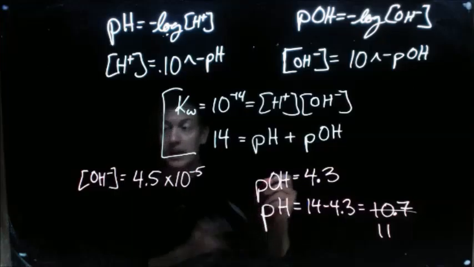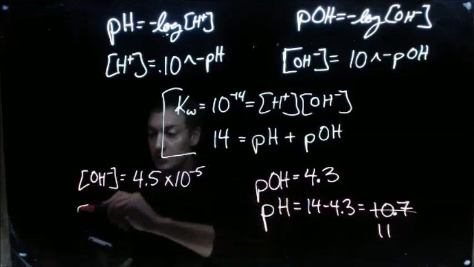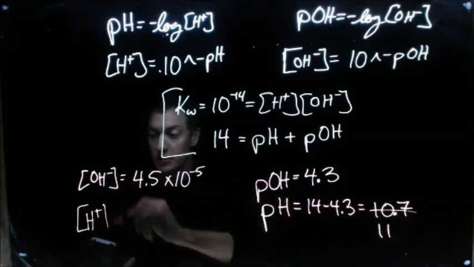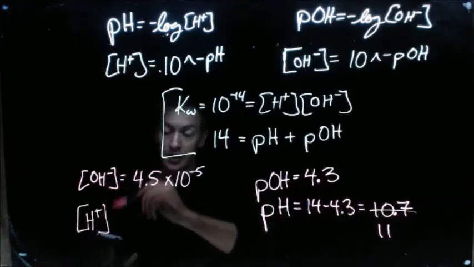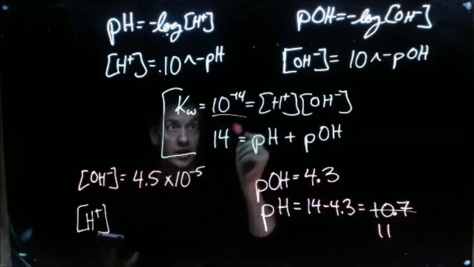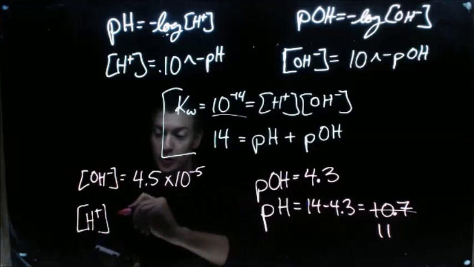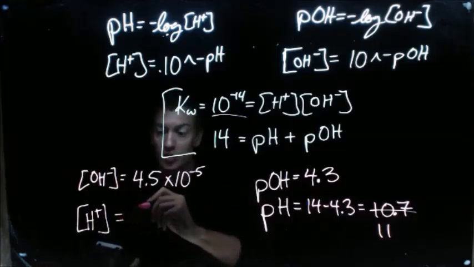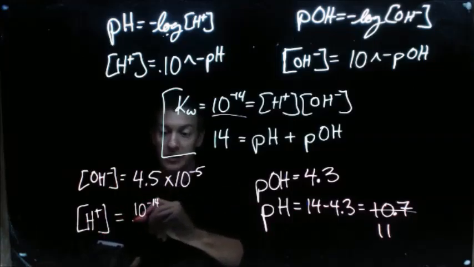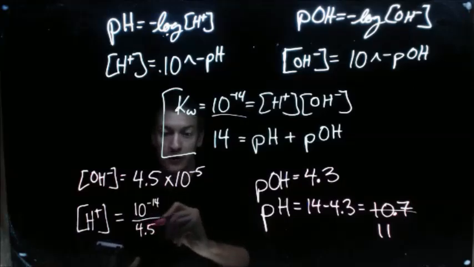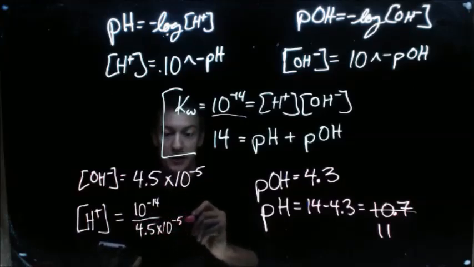And then if we want to know the H plus concentration, H plus times the hydroxide ion concentration should equal 10 to the negative 14. So H plus is going to equal 10 to the negative 14 divided by 4.5 times 10 to the minus 5th.